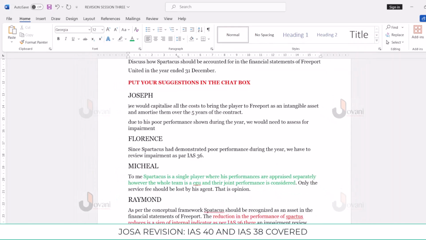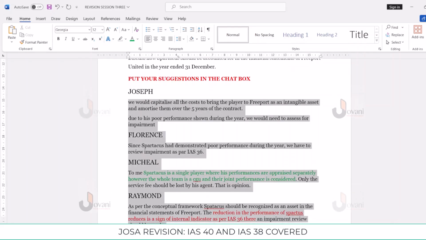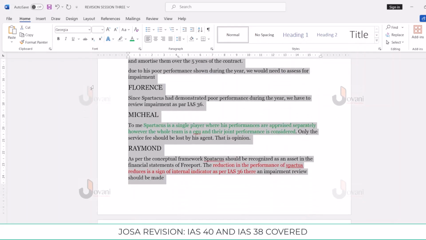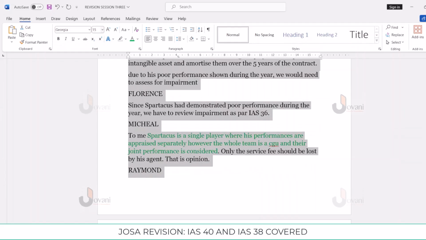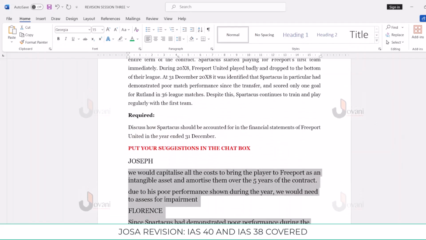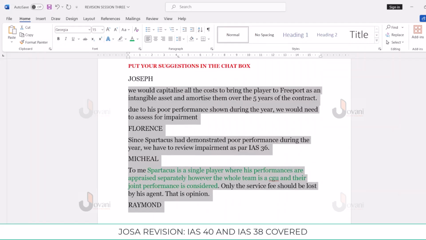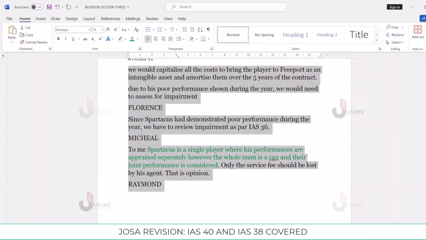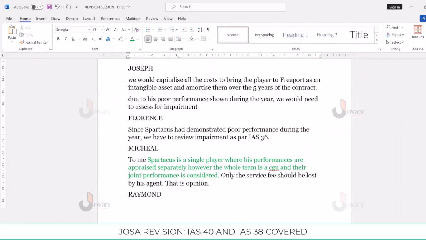Let me increase it to something that we can all see. Let me take it to 15. Is that okay now? Is that okay now? Yes, it's fine.